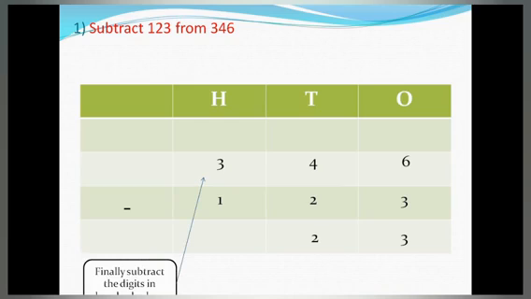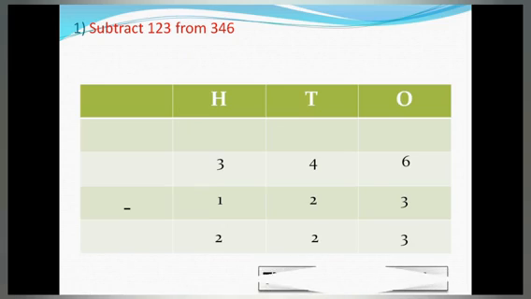Here 3 is greater than 1. Therefore 3 hundreds minus 100 is equal to 2 hundreds. We write 2 under the hundreds column. Thus 346 minus 123 is 223.